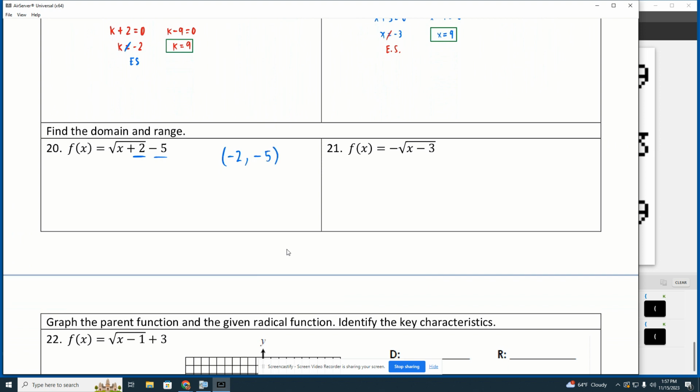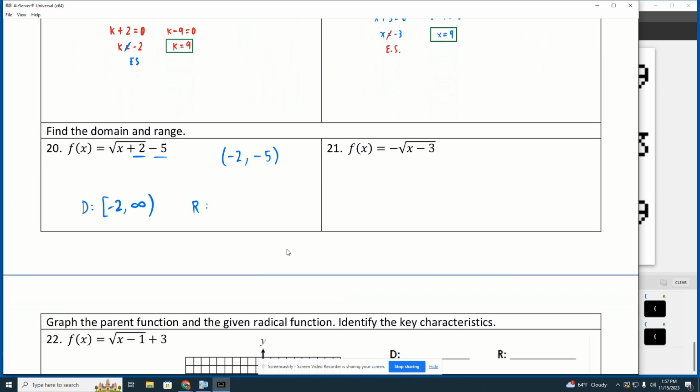Okay? So my domain cannot go past -2. Now, it can go to the right forever. So my domain is -2 to infinity. Now, what about range? How do I do range like that? Well, remember, this thing is positive.